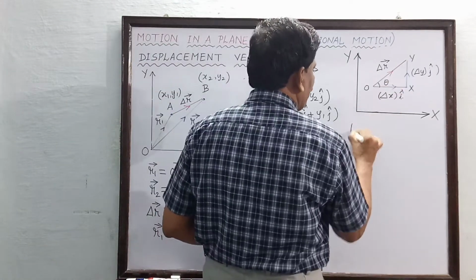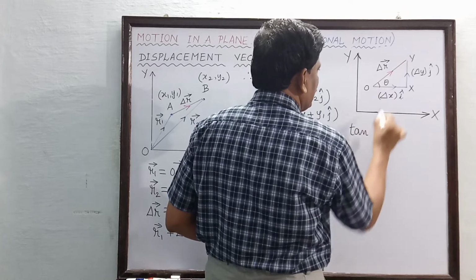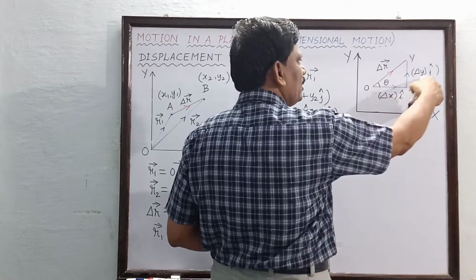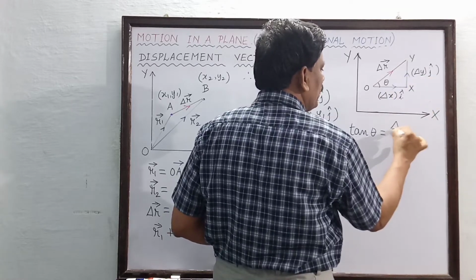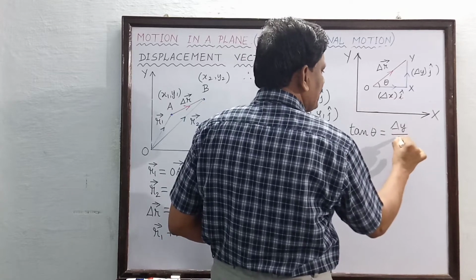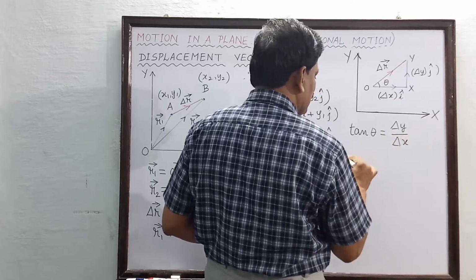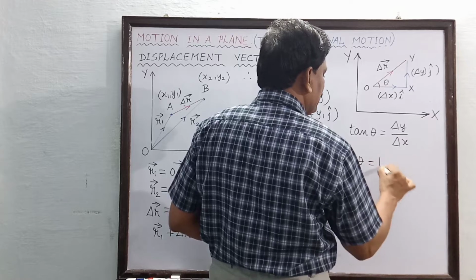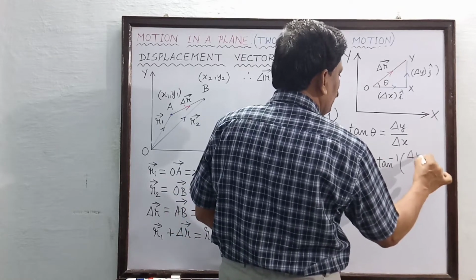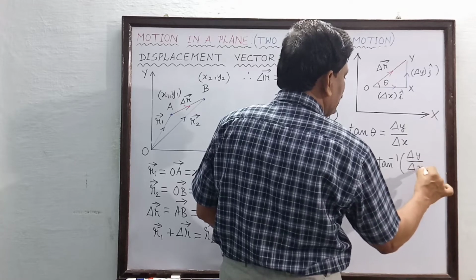From this we can find the direction. What is the direction of this delta R vector? Tan theta is equal to the opposite side, delta y, divided by the adjacent side, delta x, and therefore theta is equal to tan inverse of delta y divided by delta x.